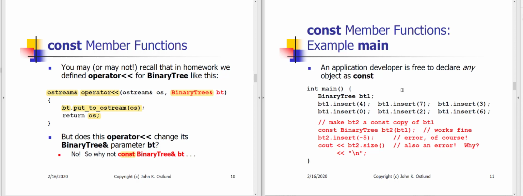Here on slide 11, we're showing some similar kinds of examples. An application developer who doesn't and shouldn't know about the internal details of how your binary tree class is implemented can declare anything to be const at any time. So in this main function, in the first 3 lines in black, we're declaring bt1 as a binary tree variable, and we are inserting 6 values into that binary tree object.